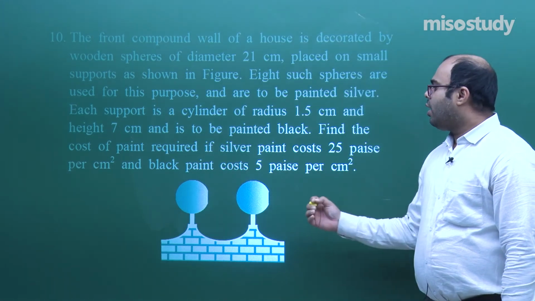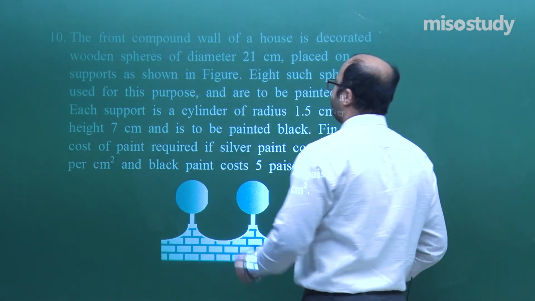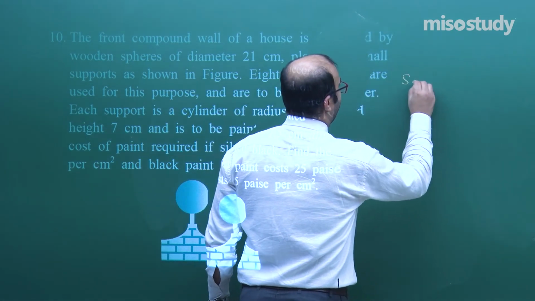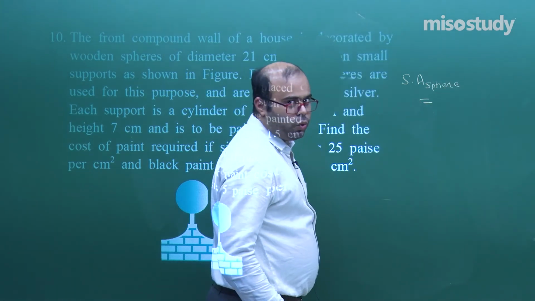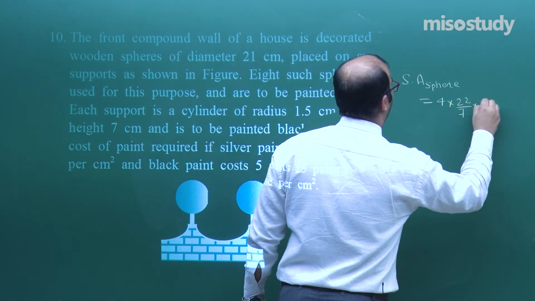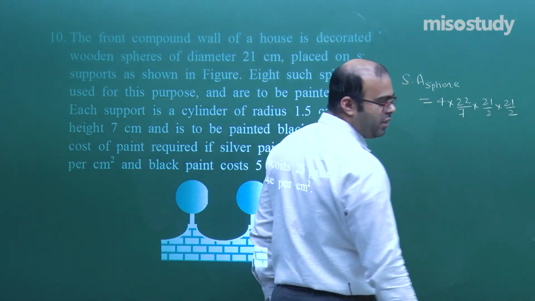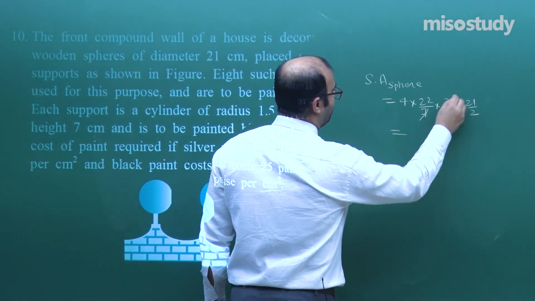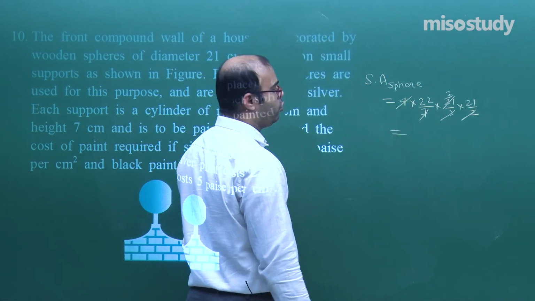For that we need the surface area of this sphere. So, what is the surface area of the sphere? Surface area of one sphere is going to be 4 pi r square, that is 4 pi into 21/2 into 21/2, where 21 centimeter is the diameter. Here we can divide with 4.